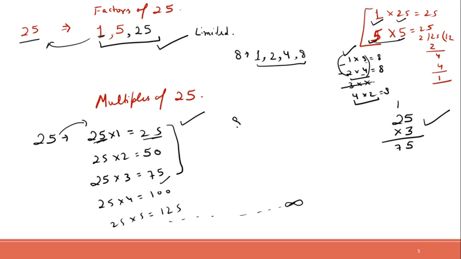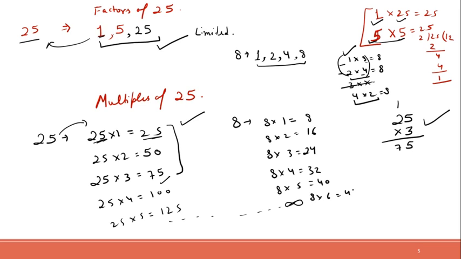And what are the multiples of 8? The multiples of 8 will be 8 into 1, 8, 8 into 2, 16, 8 into 3, 24, 8 into 4, 32, 8 into 5, 40, 8 into 6, 48, and so on.